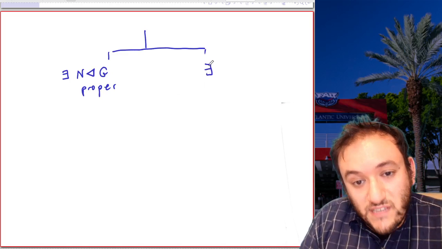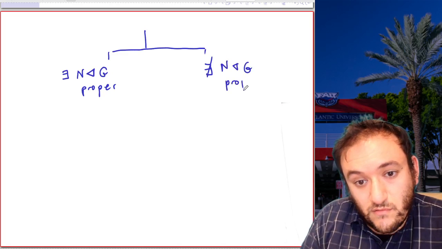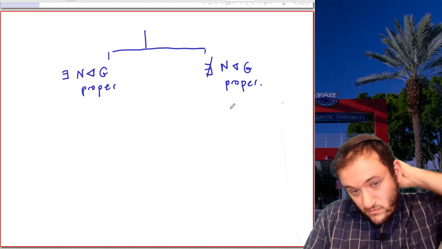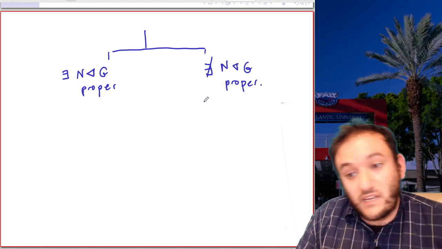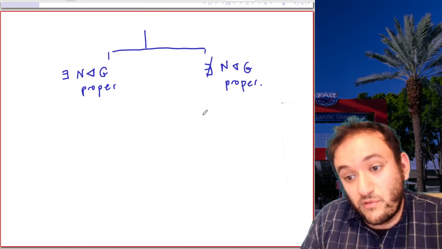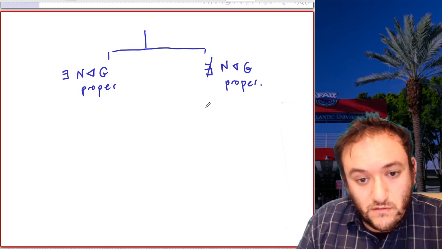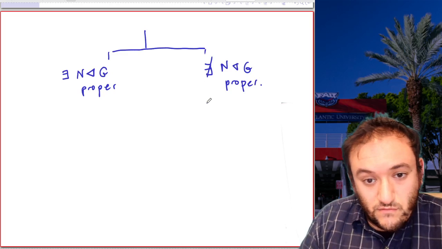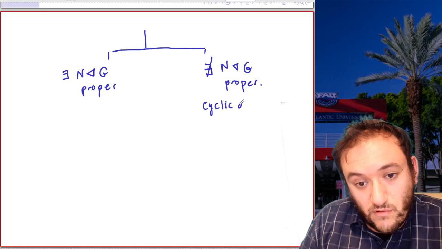If there's no such subgroup, then no subgroup exists means that G is cyclic of prime order.